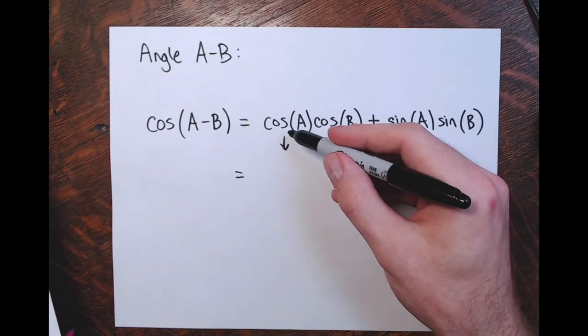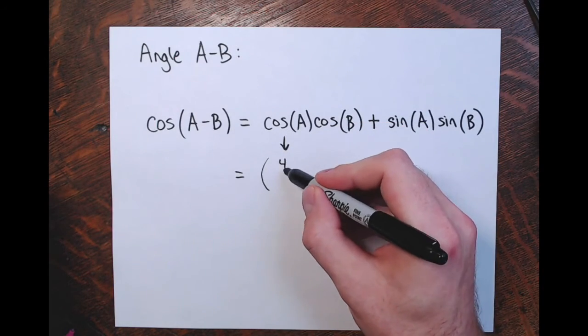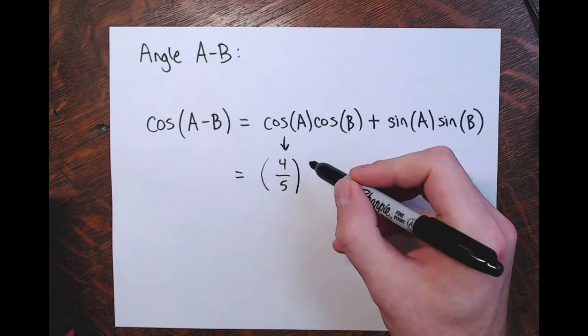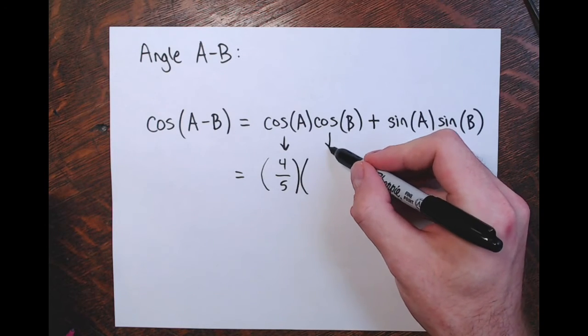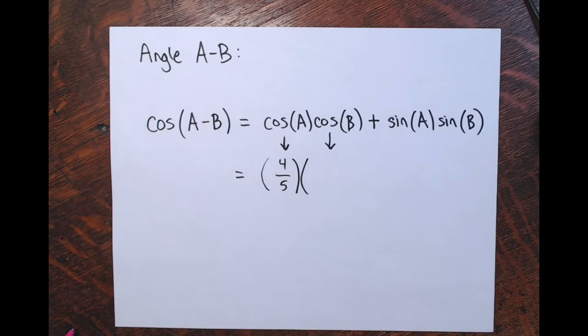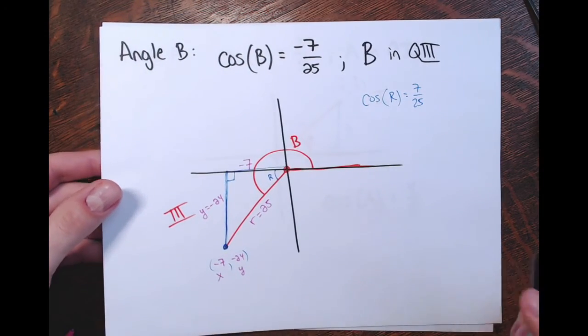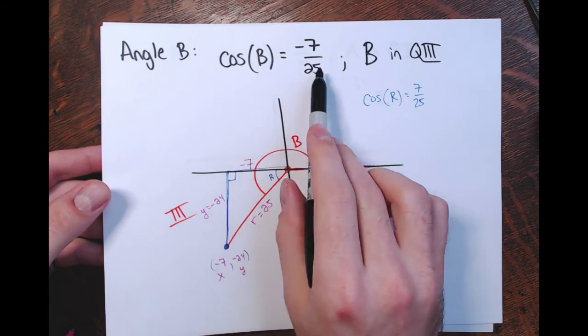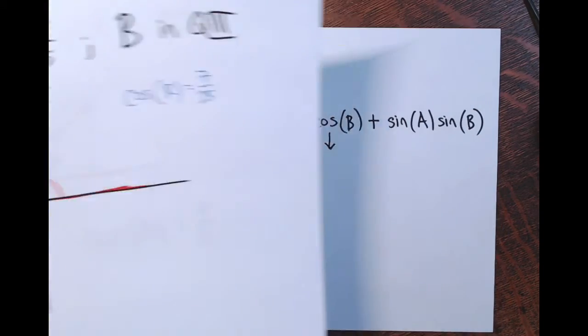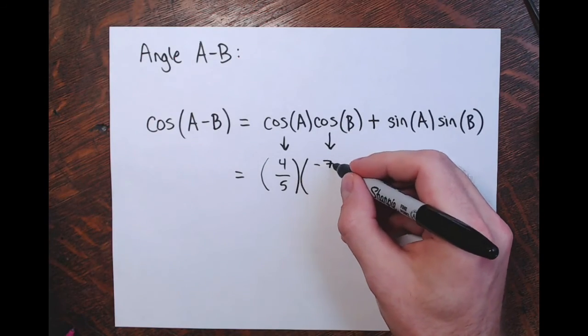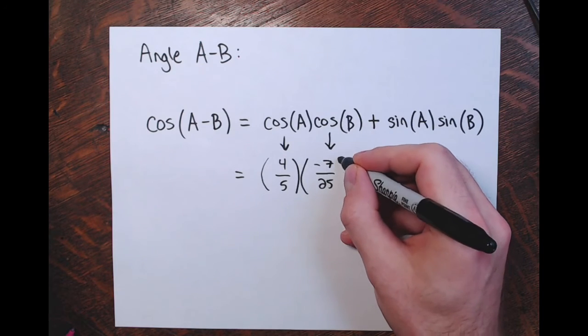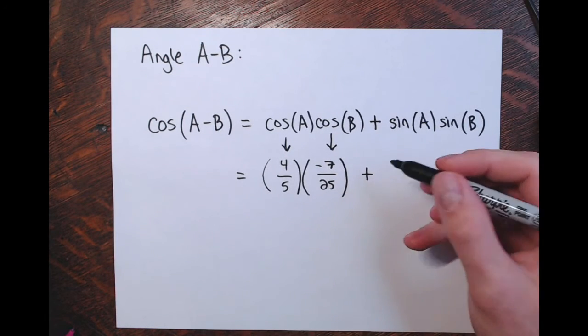So the cosine of angle A is 4/5 times the cosine of angle B. So I go to my picture for angle B. Now they already told me what the cosine of angle B is. It's negative 7/25.